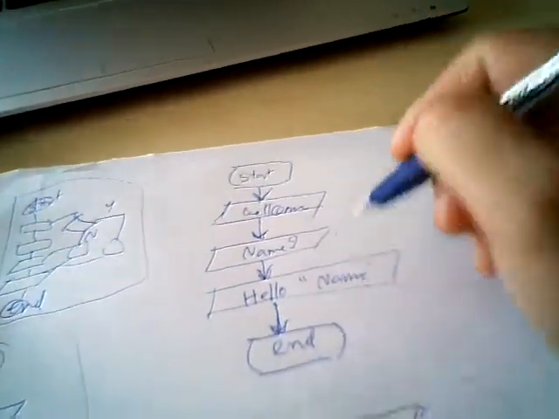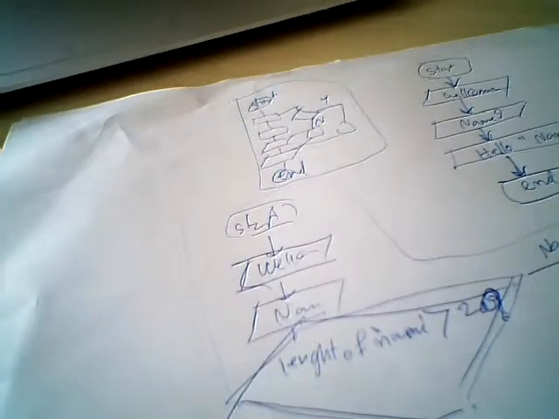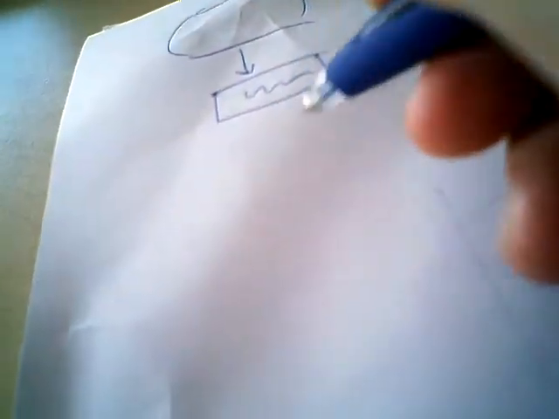Okay, so this is how we write flowchart. There is starting point, there is process, and there is input or output, in or out.